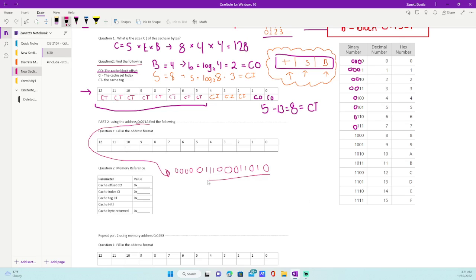So we're gonna start from here and pick the 13 starting from right to left. We're not gonna do left to right. Always right to left.